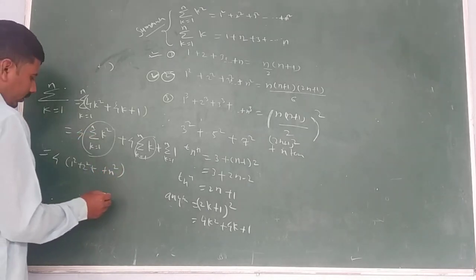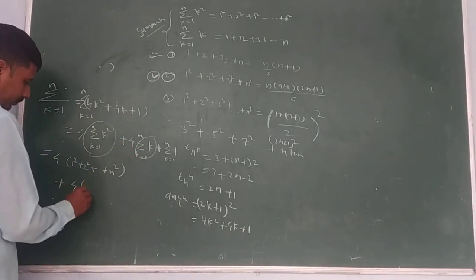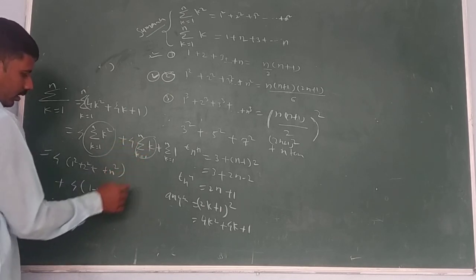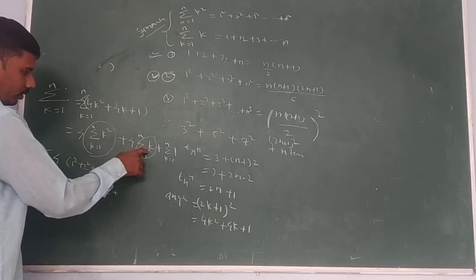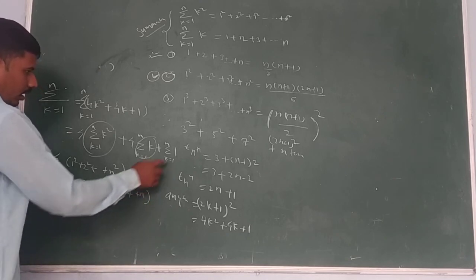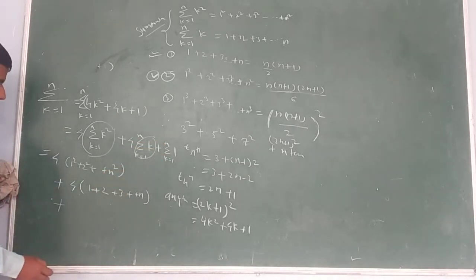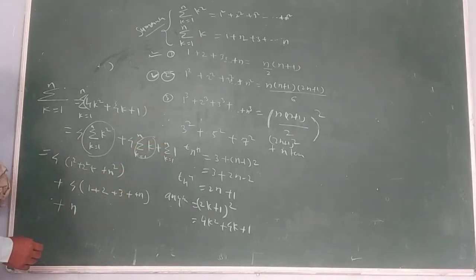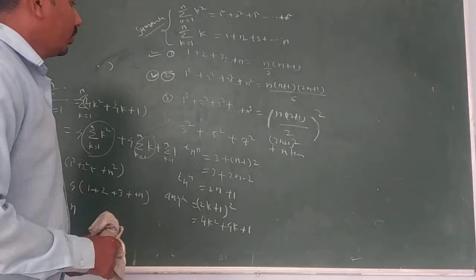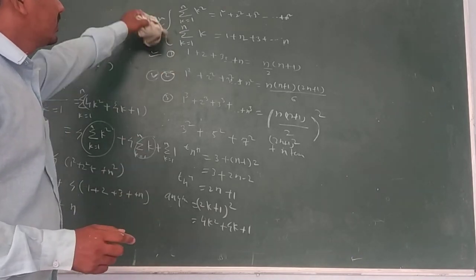Plus again 4 outside, for k we take first 1, then increment it by 1: 2, 3, till n. And summation of 1 from 1 to n means n times 1, so we get n as the answer. So this is the solution of this example. Remember this. Likewise we are going to determine solutions using this basic formula and the concept of summation.